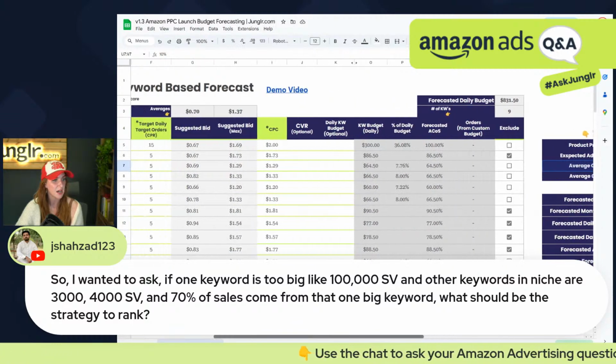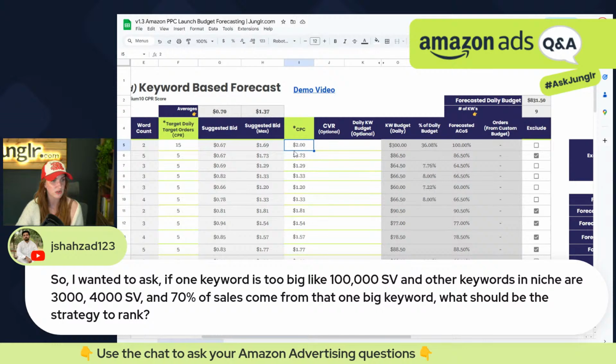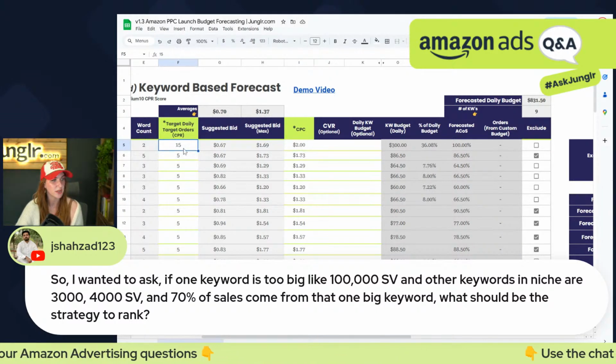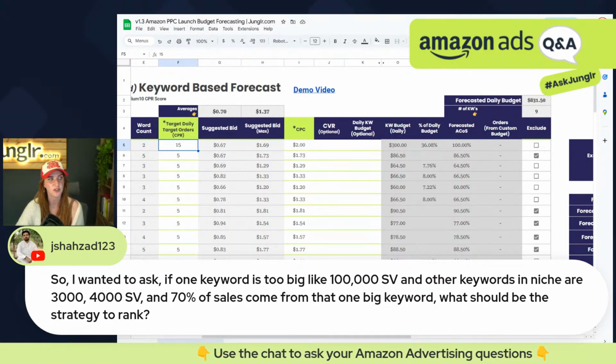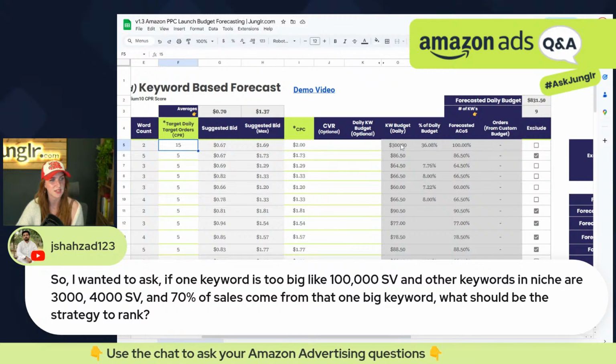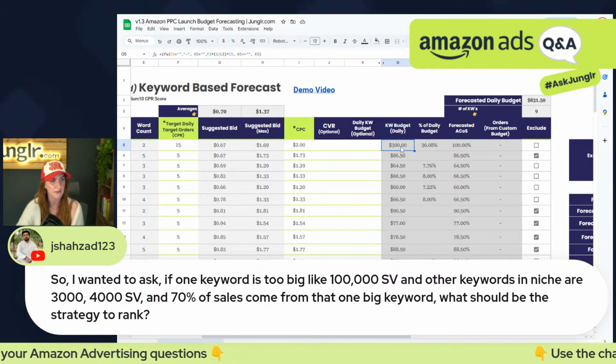And then we're saying it's going to take us $2 for every single one of those clicks. So 10 times 2, 20. And then we know we need to make 15 of those, so you can multiply that. I think that's correct math, $20 per conversion, and then you can multiply that 20 by 15, which gives us an average daily budget of $300.